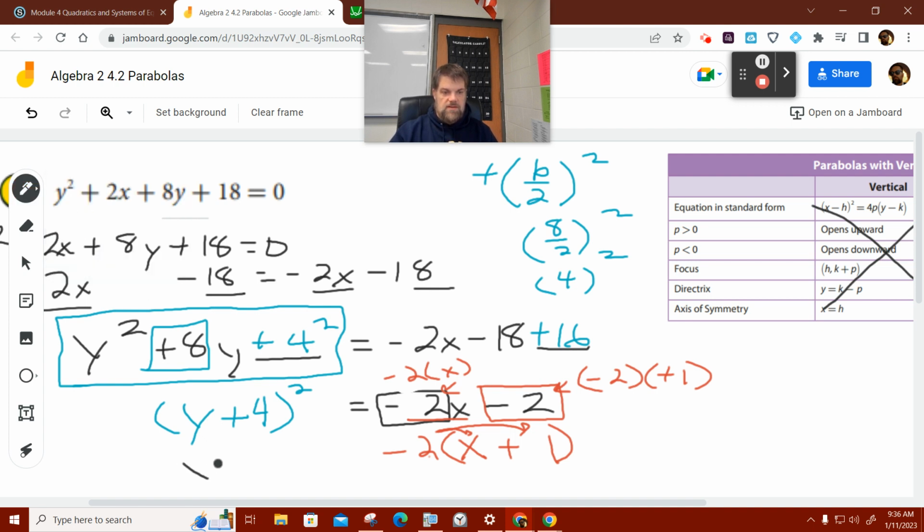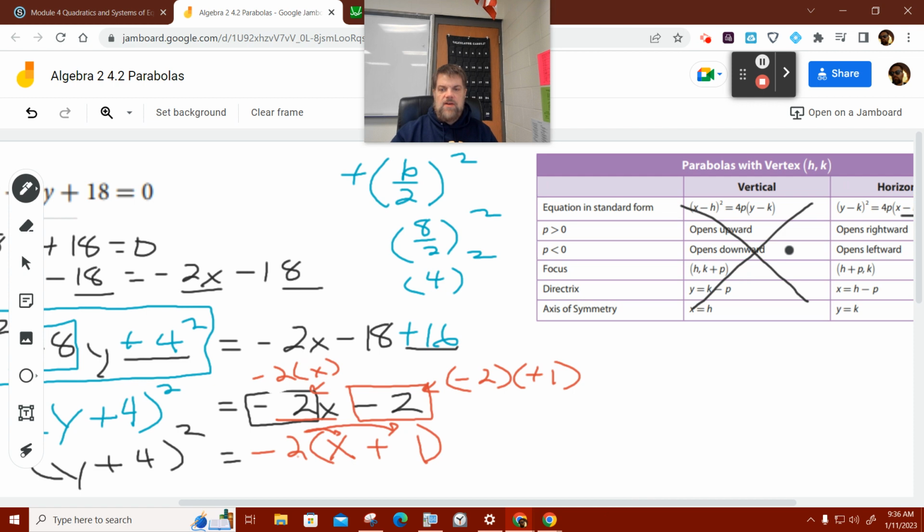Over here, I've got y plus 4 squared. We're almost done. I don't know what p is, but I know that this is equal to what? It's equal to 4p. So I'm going to say 4p is equal to negative 2.